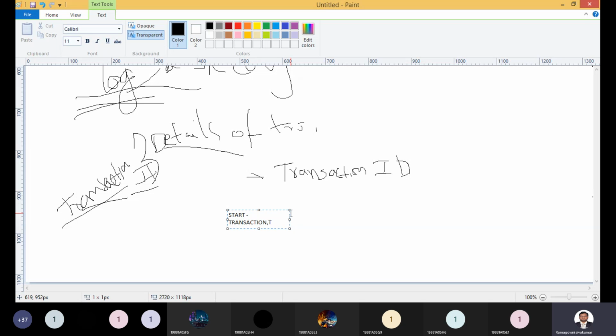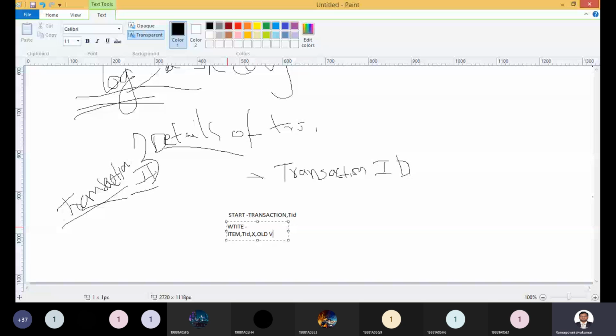Next, write item: the transaction ID, the ID of data item X, the old value, and the new value.